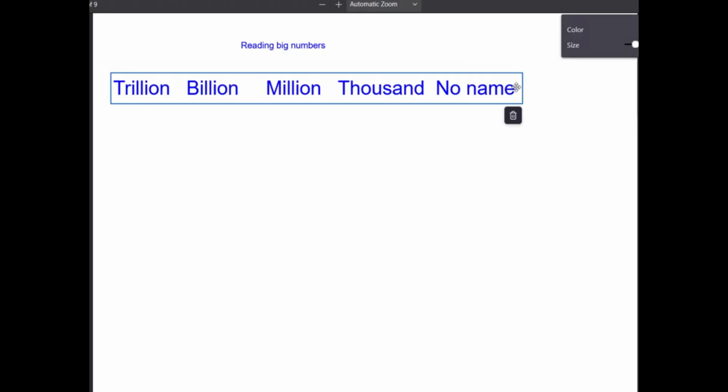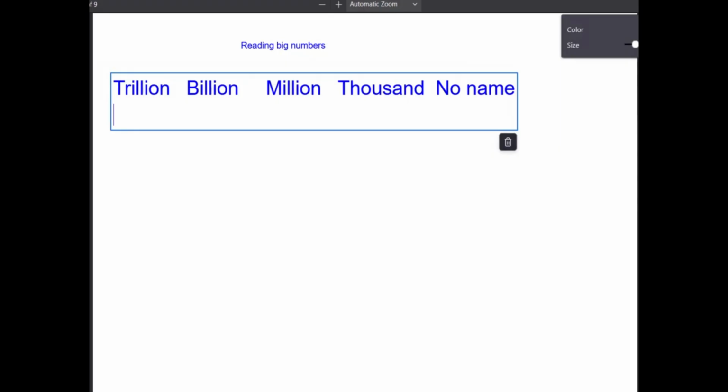So remember, all the time, any group has three digits. Any one contains hundreds, tens, and ones. For every one of them, hundreds, tens, and ones.